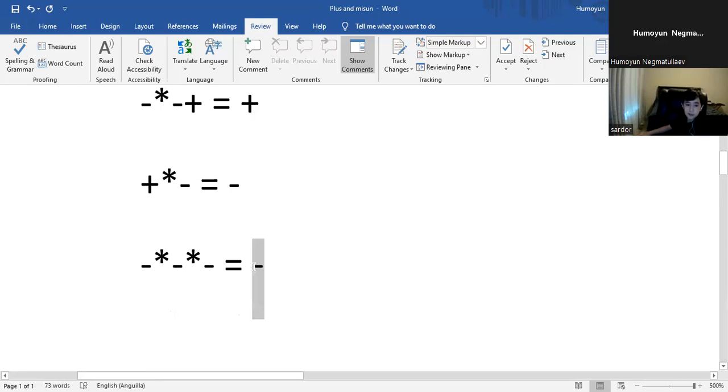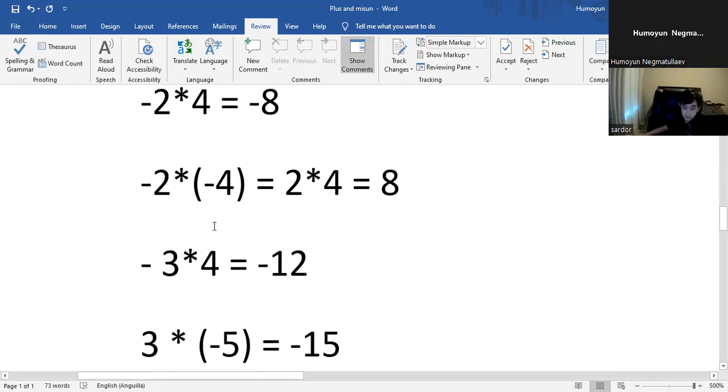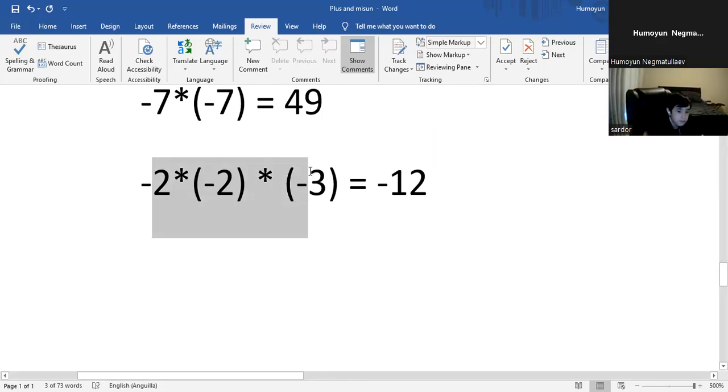That's what I'm writing here. Any odd number of minuses gives us always minus. Odd numbers can be 3, 5, 7. Do you understand? Like this. Now this one is going to be minus, because how many minuses are there? 2, 3.